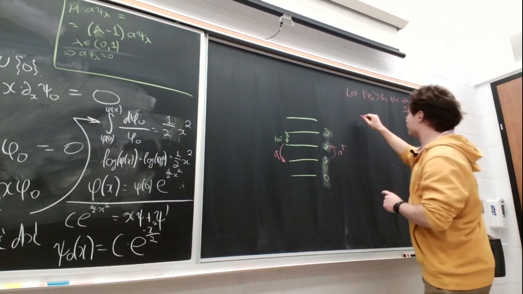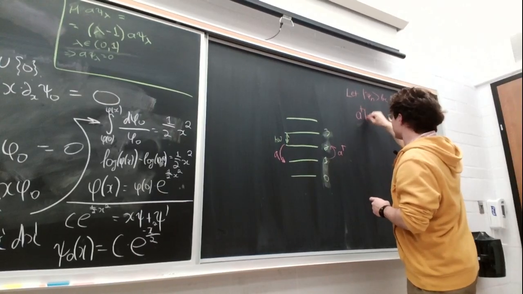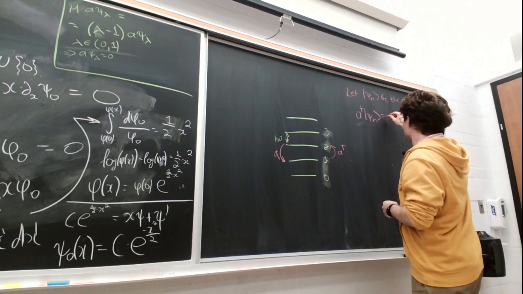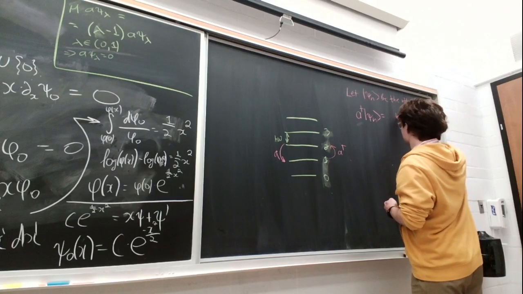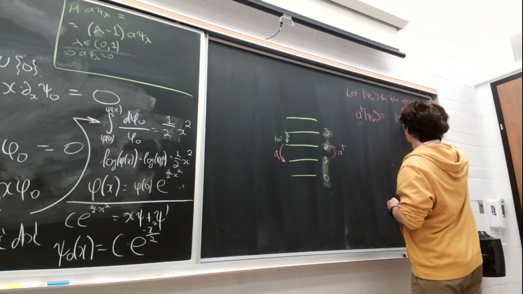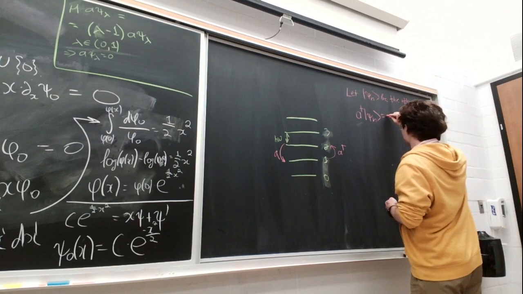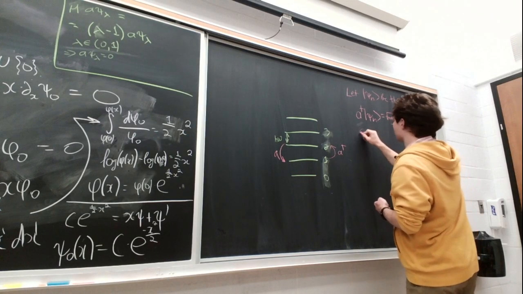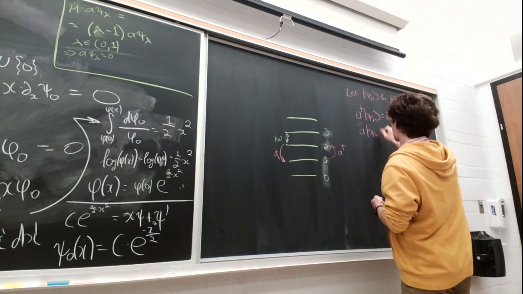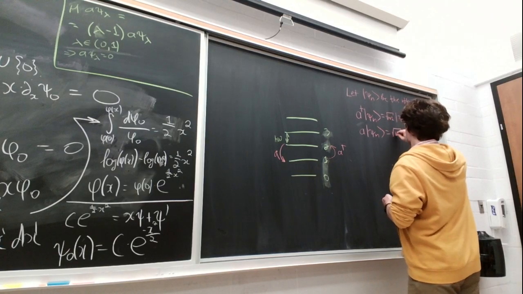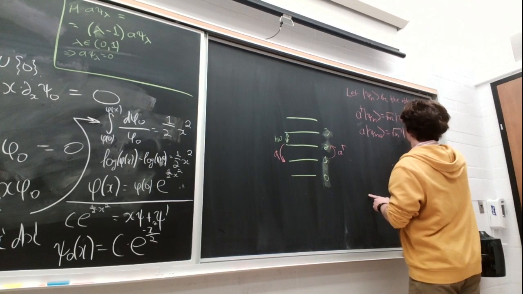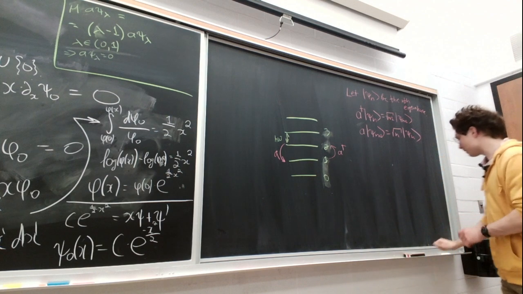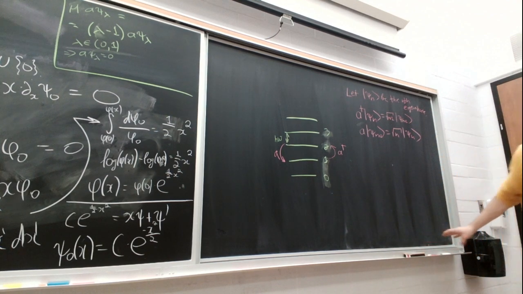Then a dagger applied to psi n should give me the n plus 1 state, but there should be a factor of root n plus 1 here. Okay, and then this would complete the whole discussion for me.